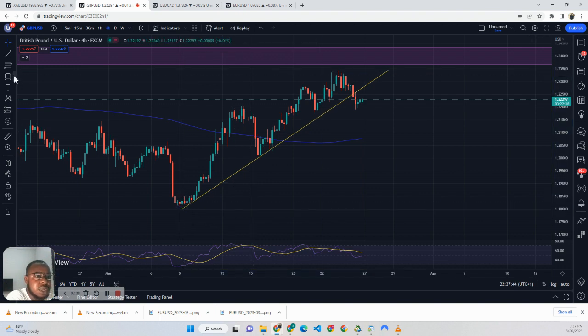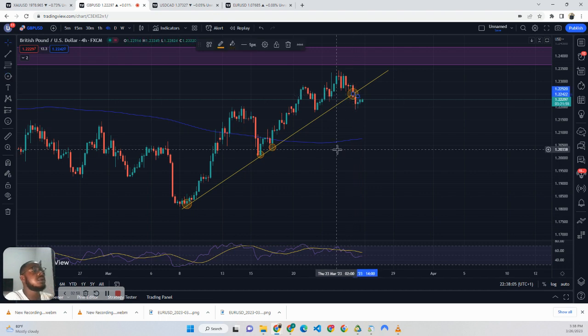With this trend line, we have a touch here, a touch here, and a touch here. So this is where we have a breakout on this trend line.